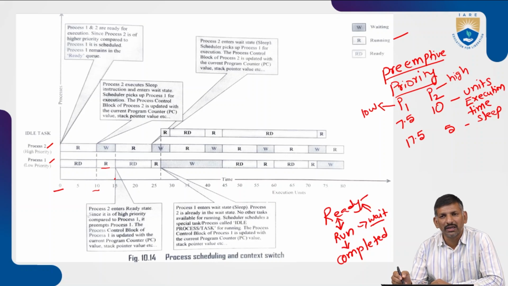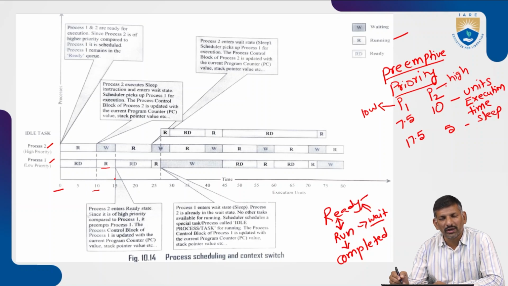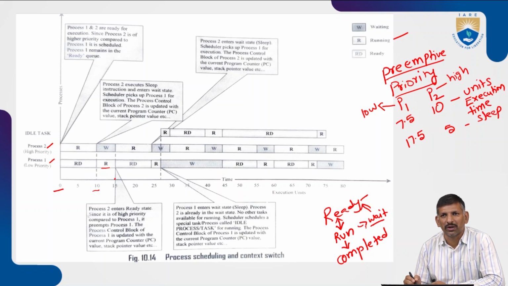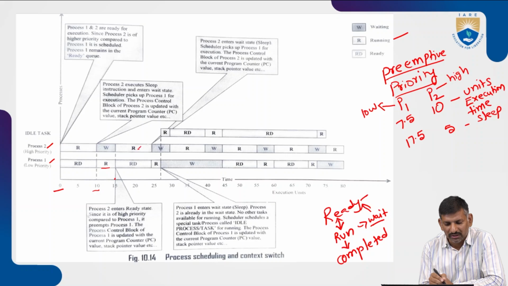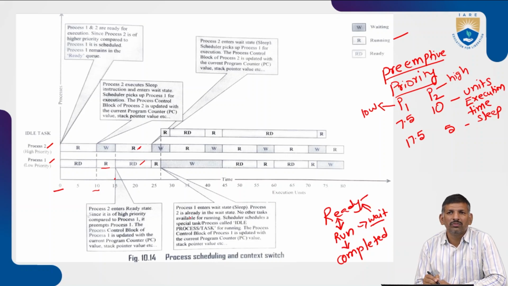Here the algorithm is preemptive priority, so P2's priority is compared with P1's. P2 is the highest priority, so P2 goes to the running state and P1 goes to the ready state. P1 is preempted. At this time, the program counter value and stack memory values are saved. That is called a context switch.